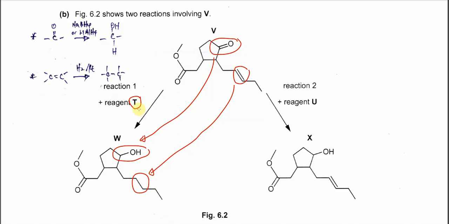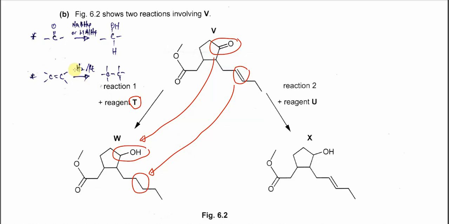So it's quite clear that V undergoes reduction because hydrogens are added. And the reagent T, of course, is not really that important here. You just need to know the role of this reagent T. Again, we now undergo reduction. Reagent T must be a reducing agent.